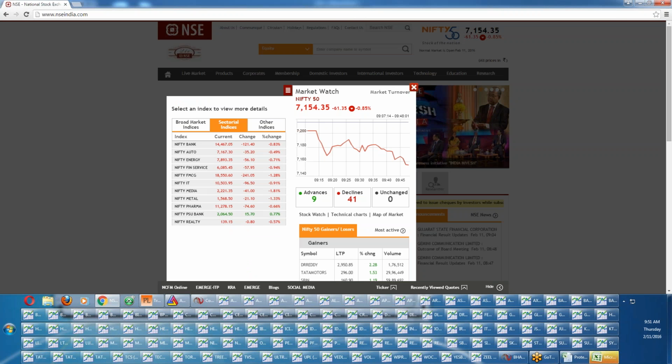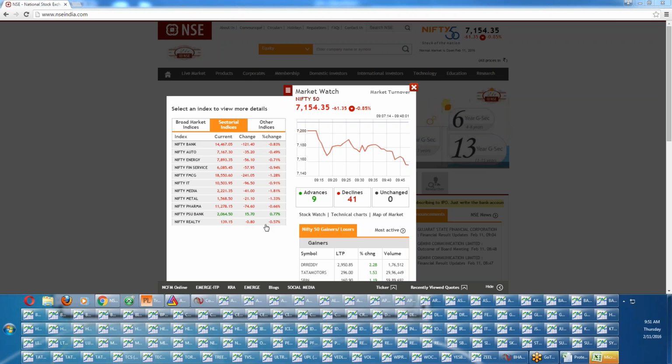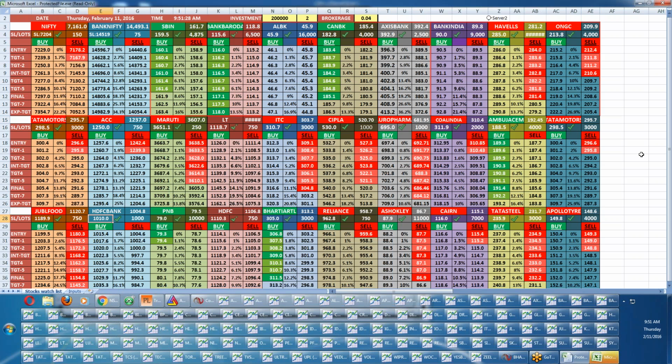So you can just see that it's only the PSU banks which are in green. Rest of the sectors are all in red. So Tata Steel has done its final target.